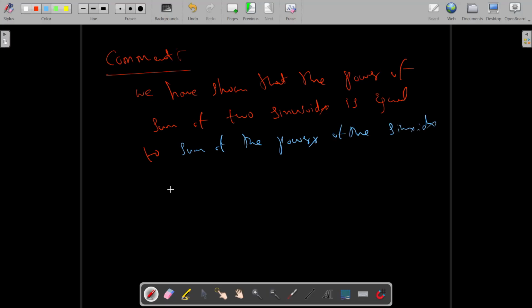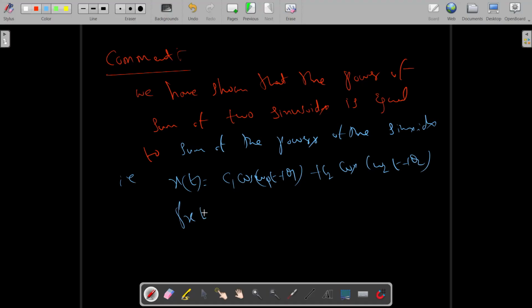That is what we showed. So if x of t is equal to c1 cos(omega 1 t plus theta 1) plus c2 cos(omega 2 t plus theta 2), the power of this is going to be c1 squared by 2 plus c2 squared by 2. This is only true for omega 1 not equal to omega 2, correct?